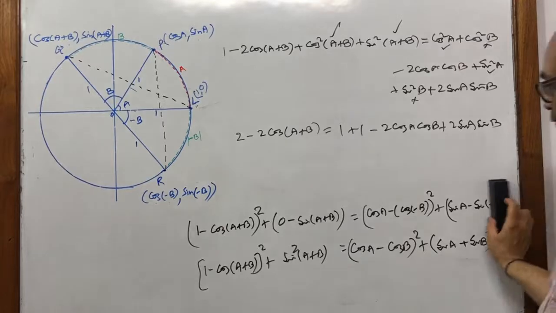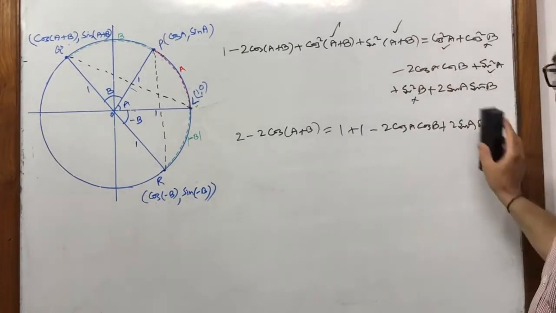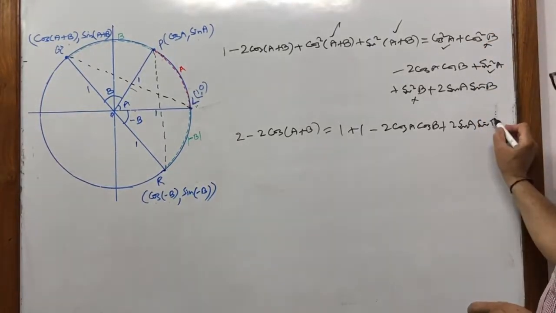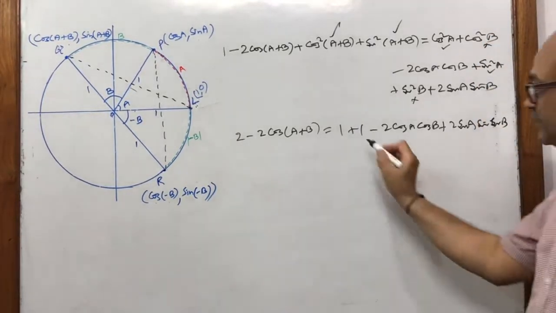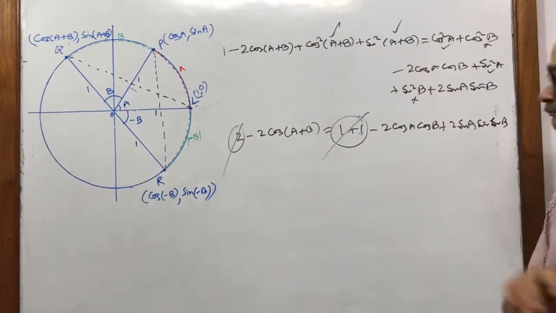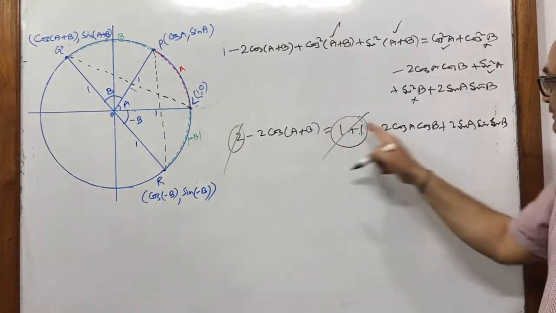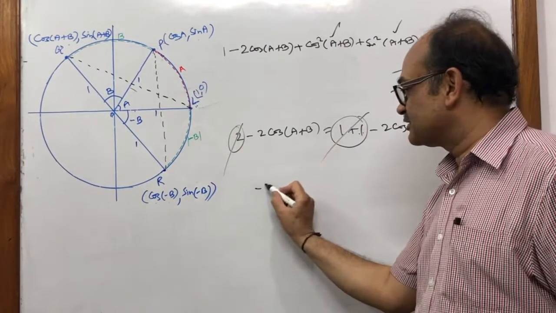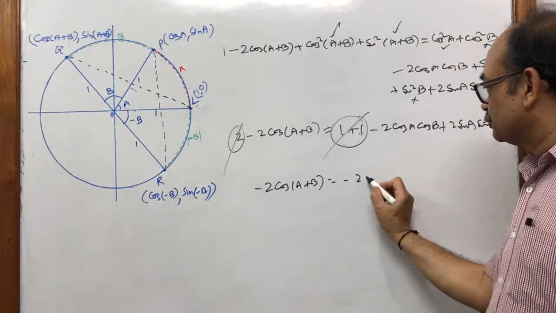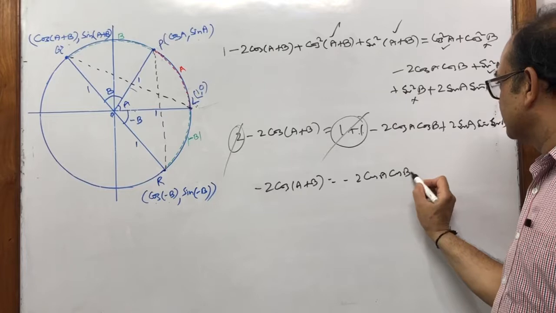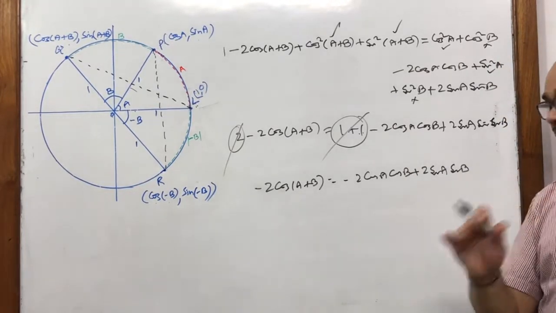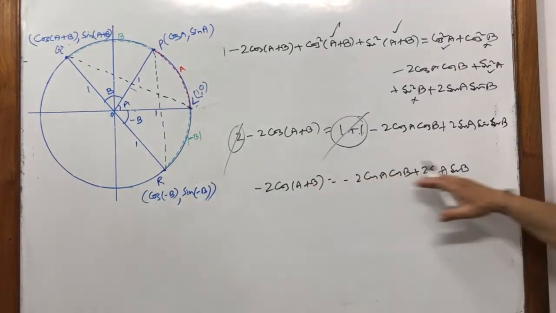Now you know from simple trigonometry, this 1 and 1 is 2, and here again 2 will cancel out. Yes or no? Minus 2 cos(A plus B) equals minus 2 cos A cos B plus 2 sin A sin B. We want to calculate only cos(A plus B), so we have to divide by minus 2.